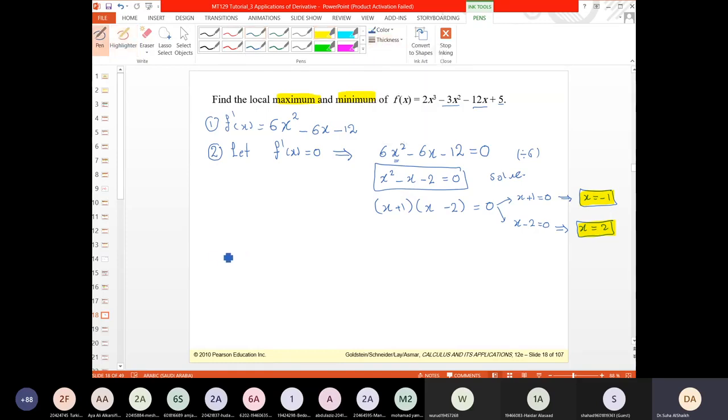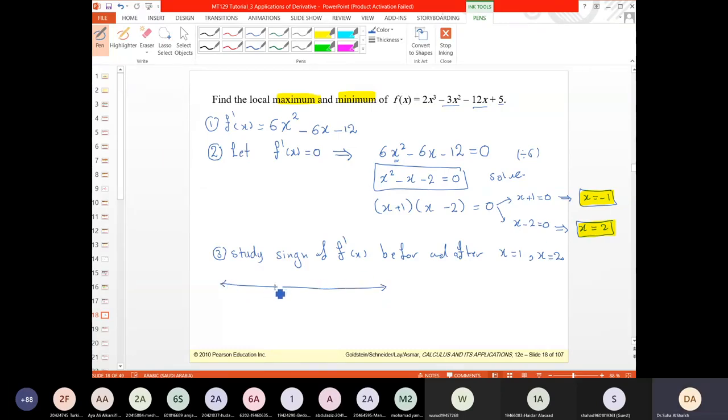Maybe not. Step number 3 is we study the sign of f dash x before and after minus 1 and 2. How do we do this? We draw the number line.